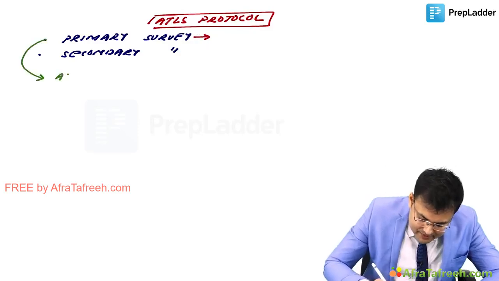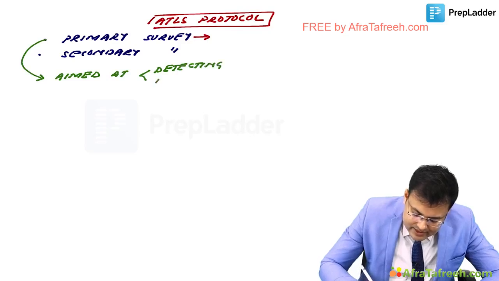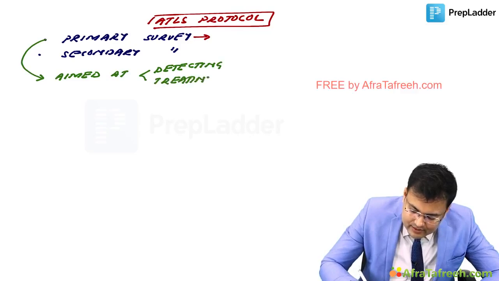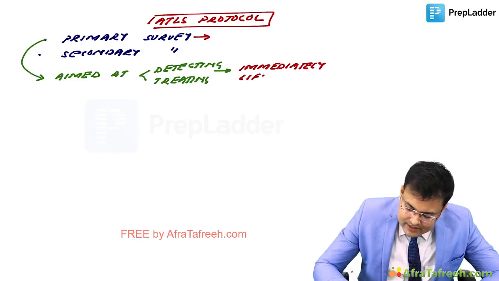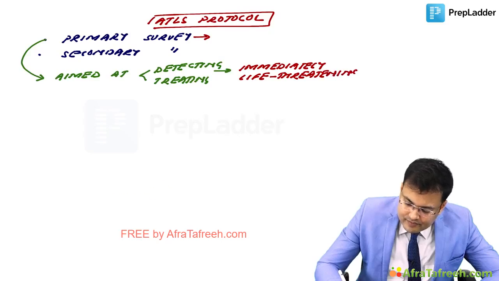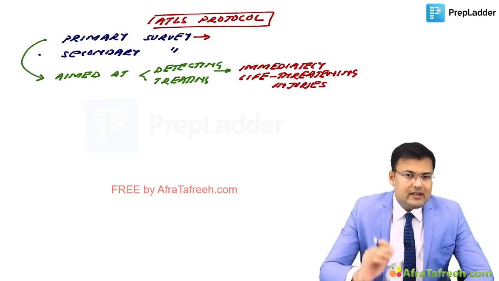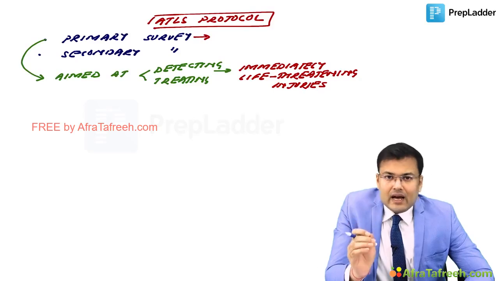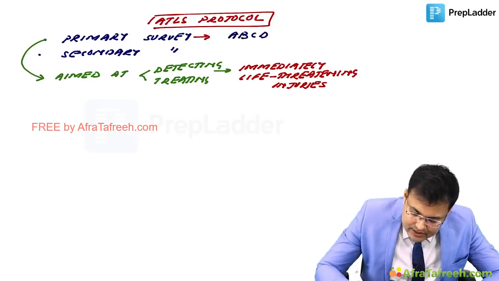We discussed the components: A, B, C, D, E. These are the components of primary survey.